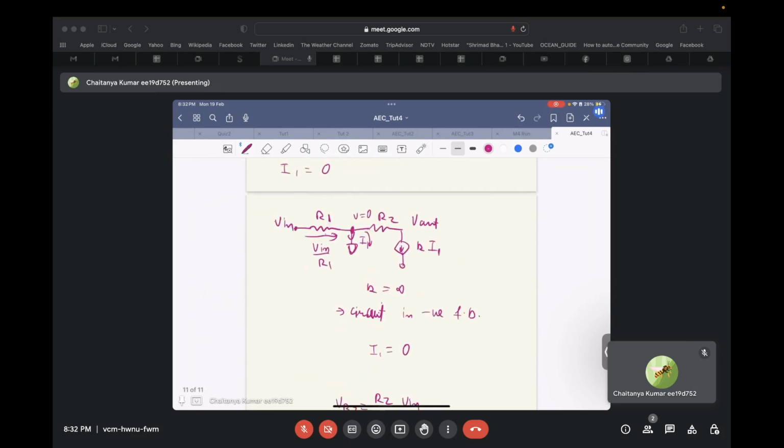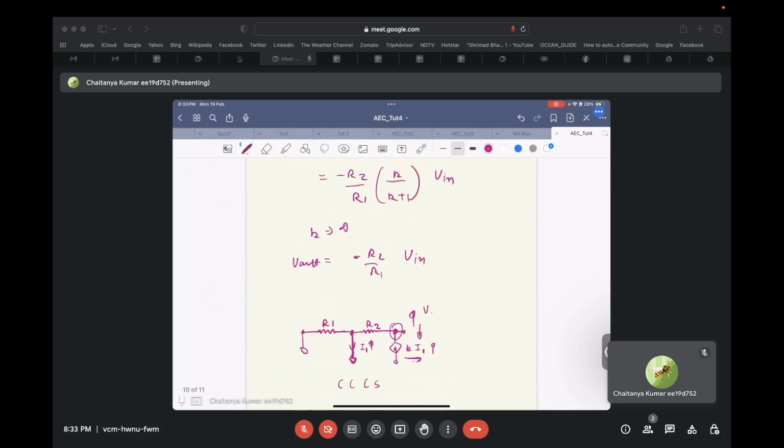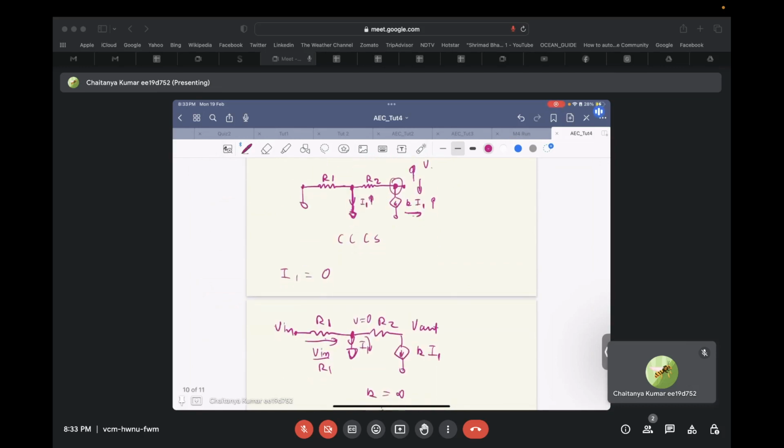So from here we see that this particular node of the circuit behaved as a high impedance node despite actually being grounded. And what was the reason for that?